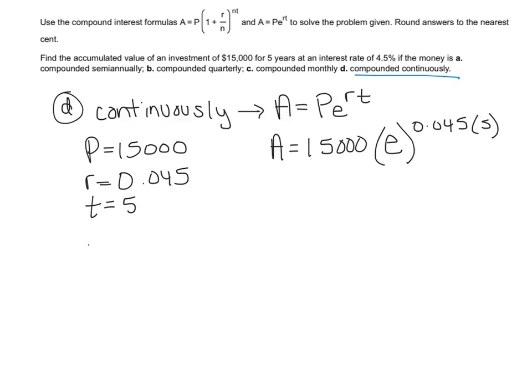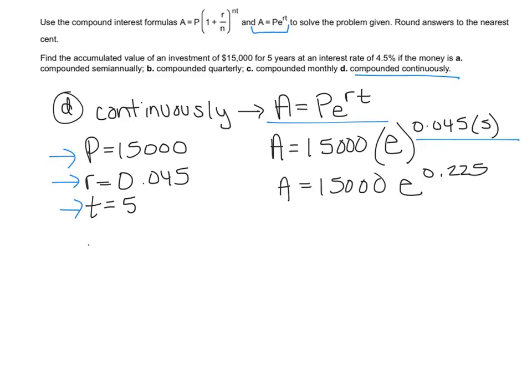Whenever we're asked to compound continuously, we use the A equals P times e to the RT formula. So the variables stay the same, and we're just going to plug them into that formula. The first step is to multiply the exponents together.